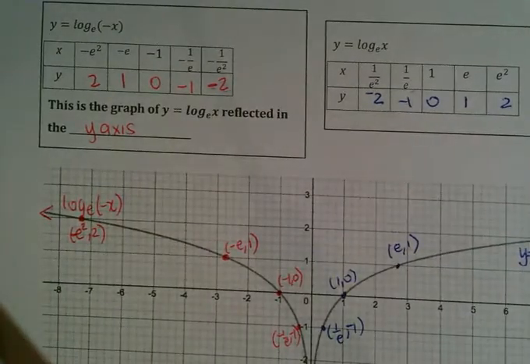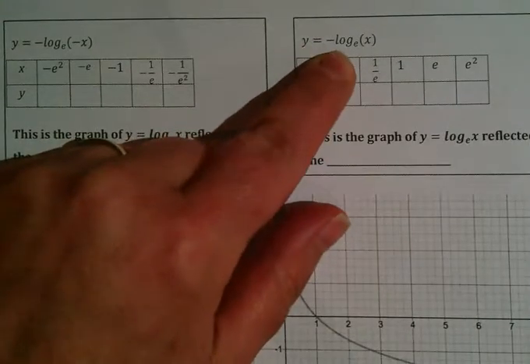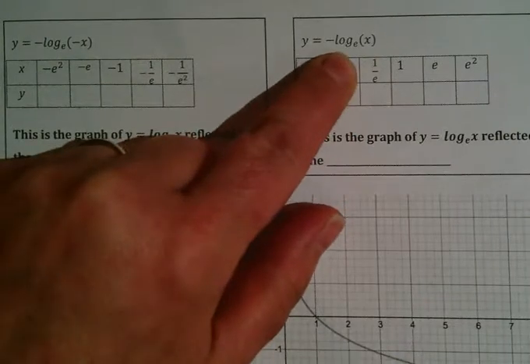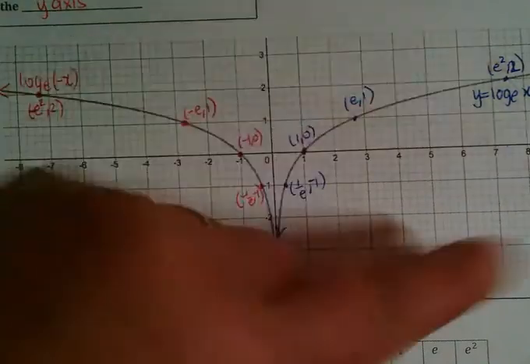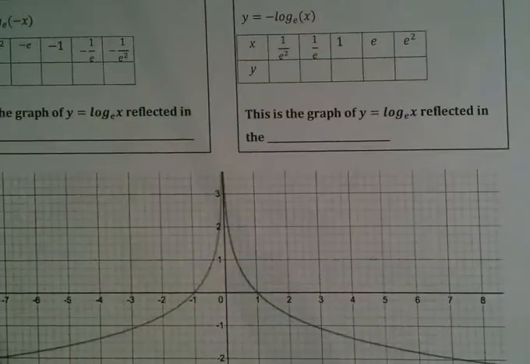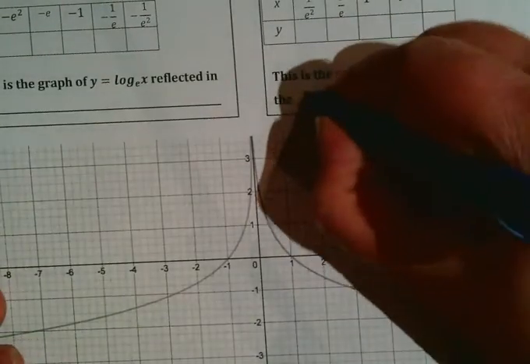Okay? Now, negative log to the base e of x, that is just the log to the base e of x curve, which is up here, reflected down into the x-axis. So this is just the graph of log to the base e of x, reflected in the x-axis.